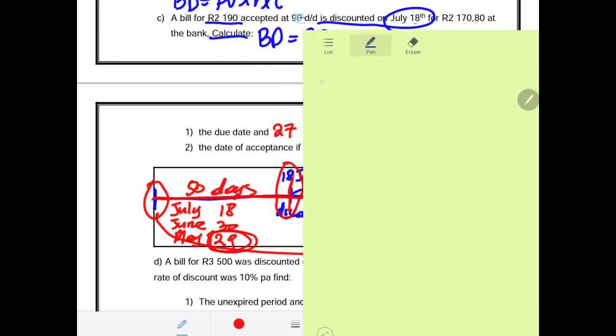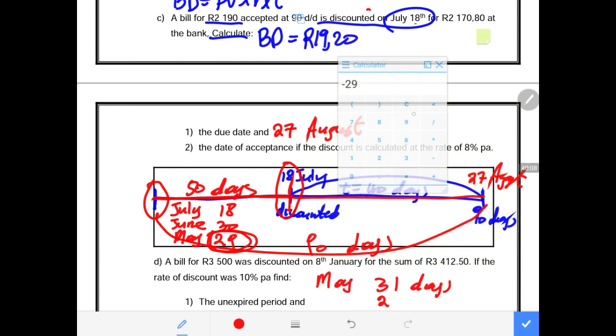May is ending on the 31st. Then you say 31 minus 29, calculating the number of days, remember? We say 31 minus 29, because we don't include the day the bill was drawn. It will be 31 minus 29. You see, that is exactly 2 days.